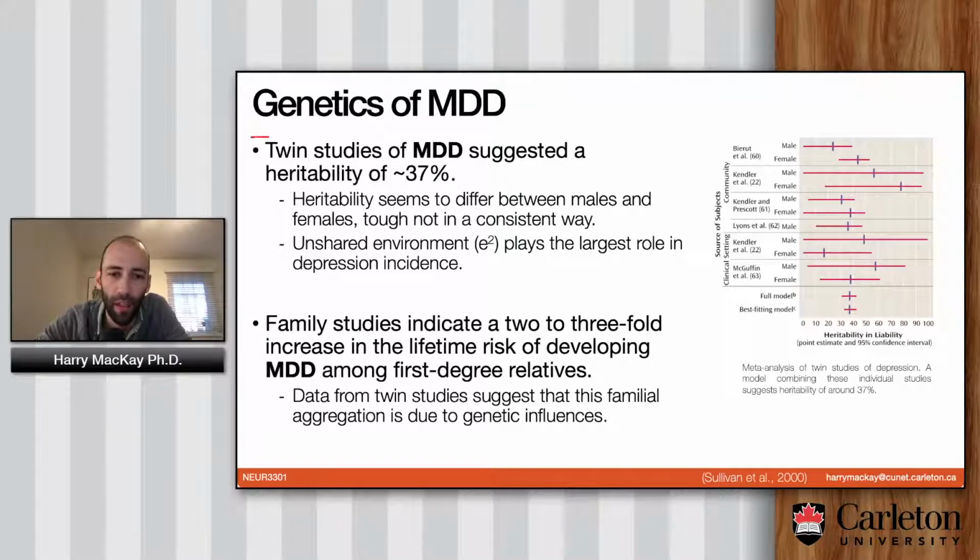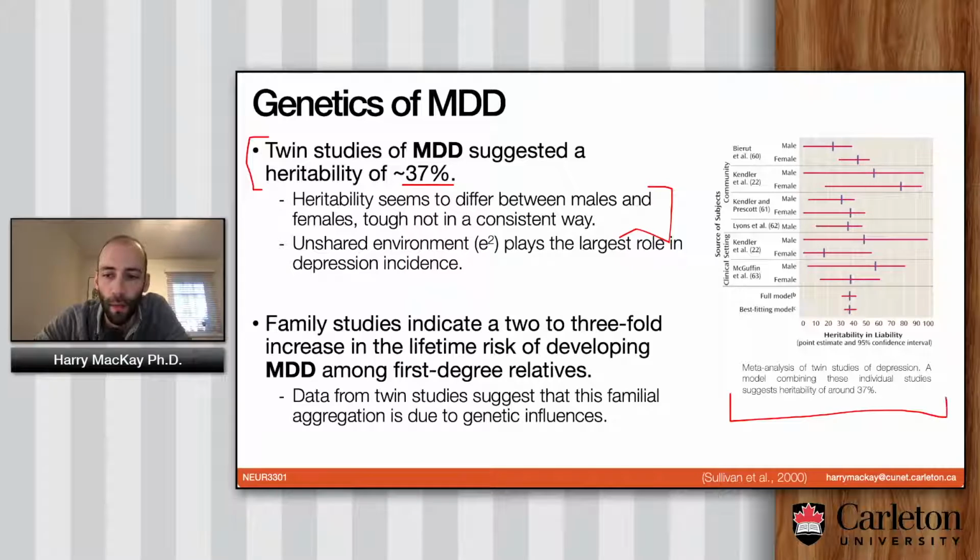But anyway, twin studies have shown that there's a heritability of about 37%. People who have looked at sex differences in heritability do find that there are differences. However, they're not consistent. And we can look at this over in this forest plot here.